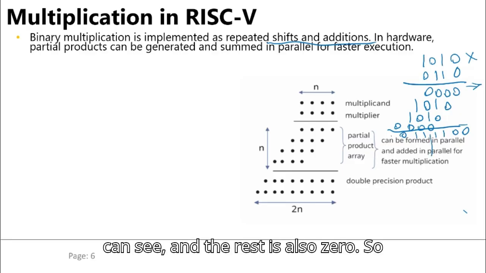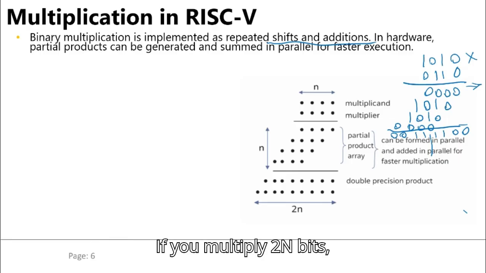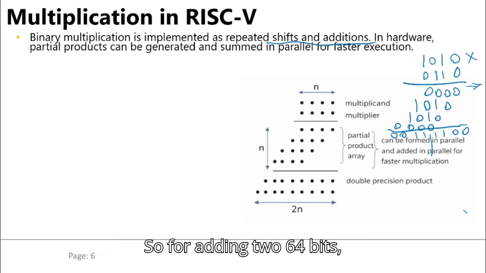Yeah, as you can see, the rest is also 0. So that's the overall value. As you can see, if you multiply 2 n-bit numbers, the result is going to be 2n bits. So for multiplying two 64-bit numbers, we need 128 bits as a result.